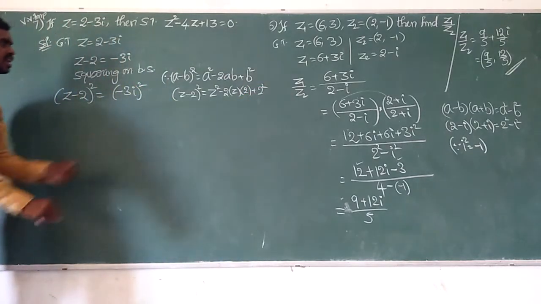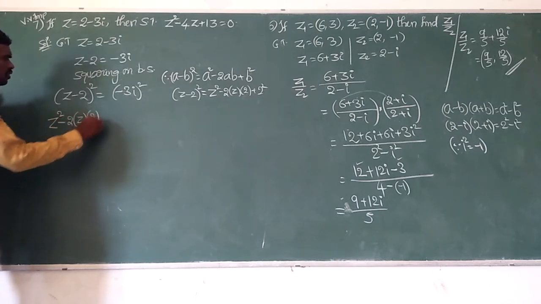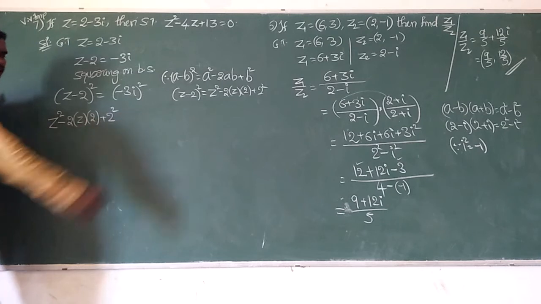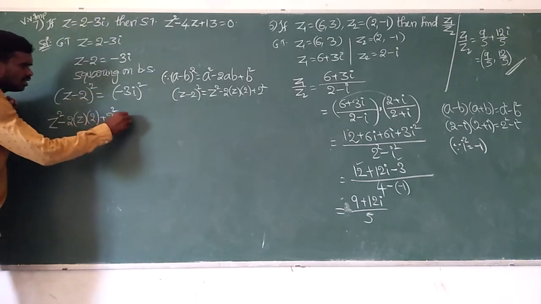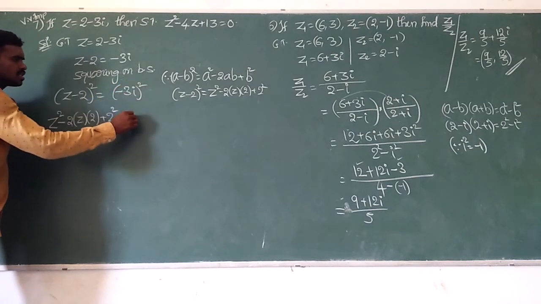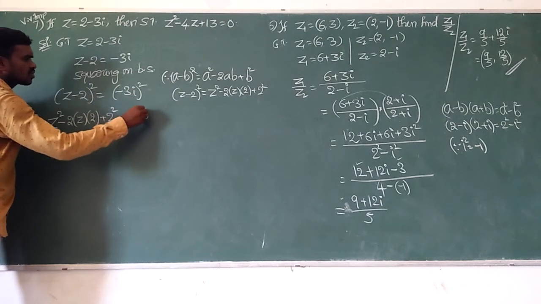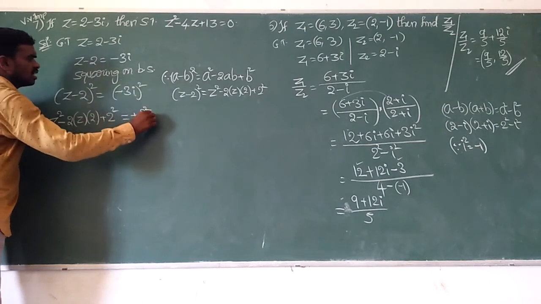On the right side, minus having square becomes plus: 3 square, and i square.